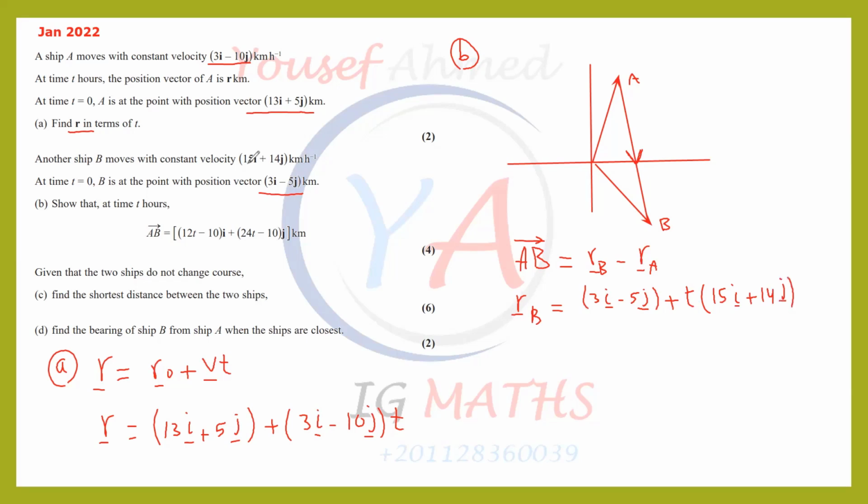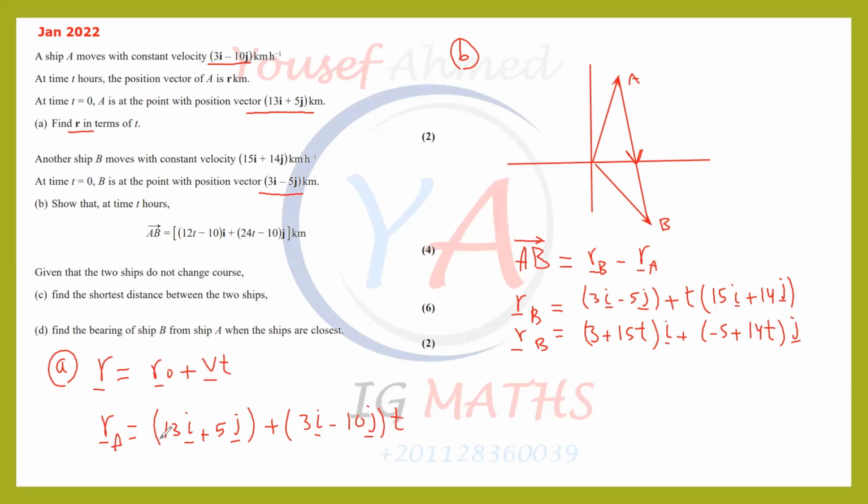So we can just write it as 3 plus 15t in the i direction, added to negative 5 plus 14t in the j direction, and this is RB. And we already have RA, so we can write it in the same form here.